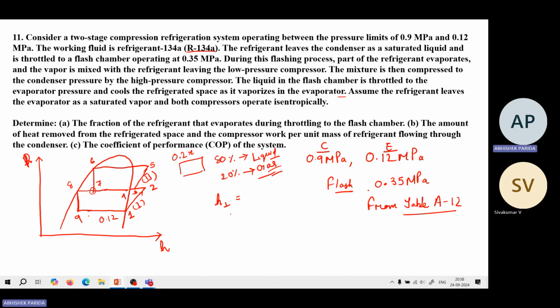So at 120 kilopascal, I am getting T saturation as minus 22.32. What is the Hg at this point? The Hg that you get at this point is 236.99 kilojoule per kg. This is Hg at 0.12 megapascal or 120 kilopascal.